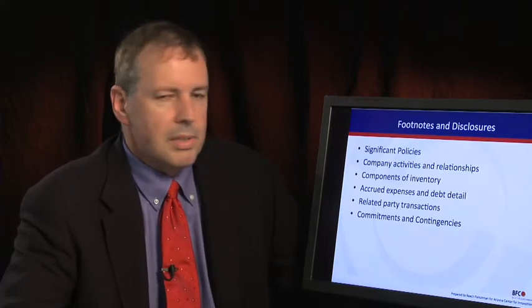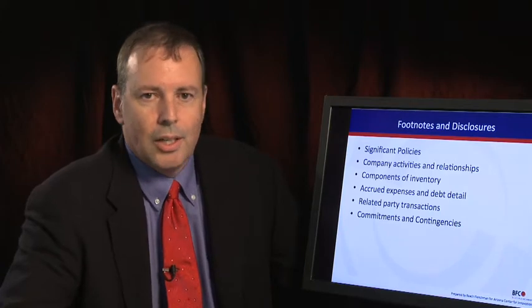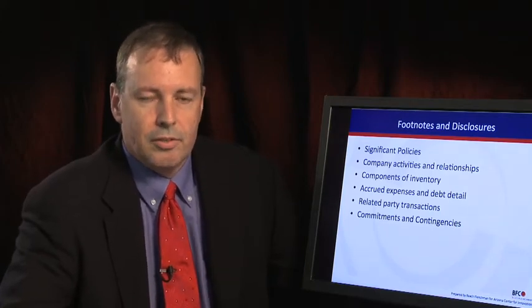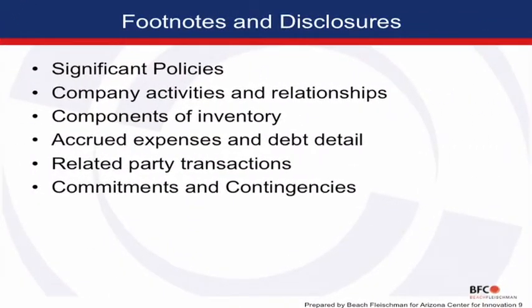and cash flow statement. So one of the requirements is all significant accounting policies have to be disclosed. Generally speaking, you always see that in the very first paragraph or first set of financial statement notes. We have to describe the company activities and their relationships. So what is it that this company does? Where does it operate? What's the geographic area?